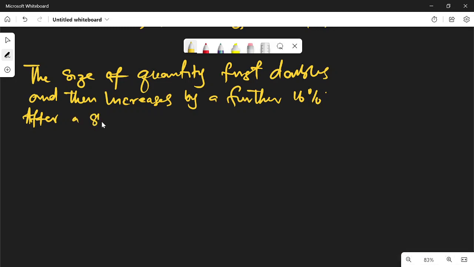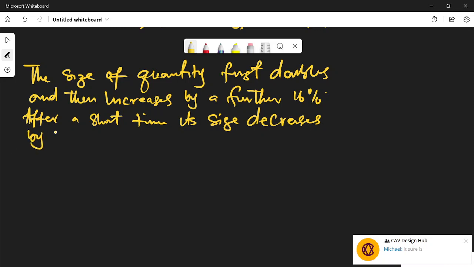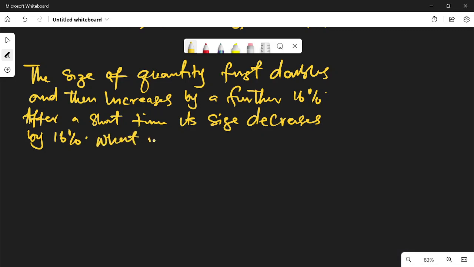After a short time, its size decreases by 16%. What is the net increase in size of the quantity?